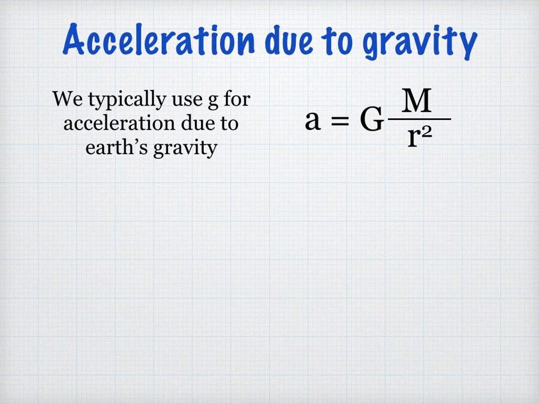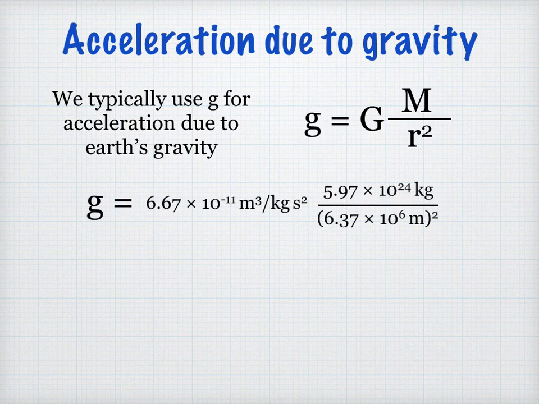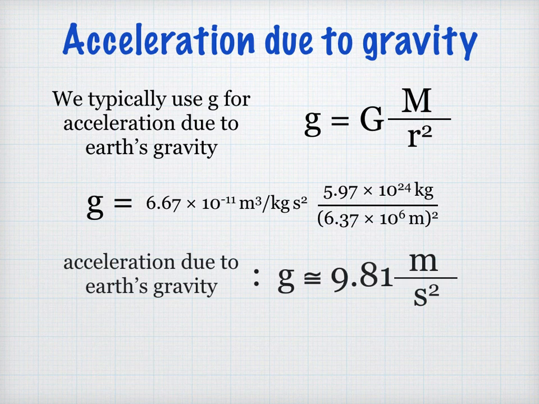So instead of an a, we usually use a lowercase g to denote the acceleration due to gravity. Putting in some numbers, we use the gravitational constant, the mass of the Earth in kilograms, and the radius of the Earth, and we get that the acceleration due to Earth's gravity is approximately 9.81 meters per second squared.